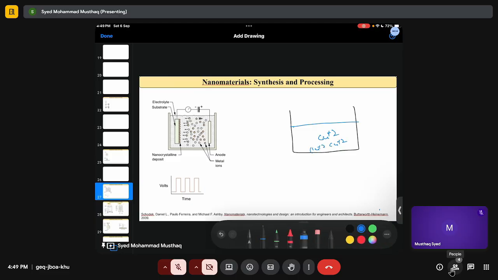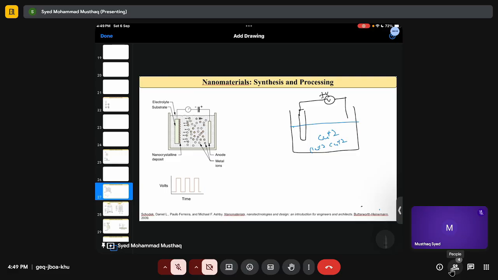And then at one side I have a pure copper electrode. And then here I have an inert electrode or platinum electrode. So let's say this is my copper sulfate solution. Now this is my pure copper.